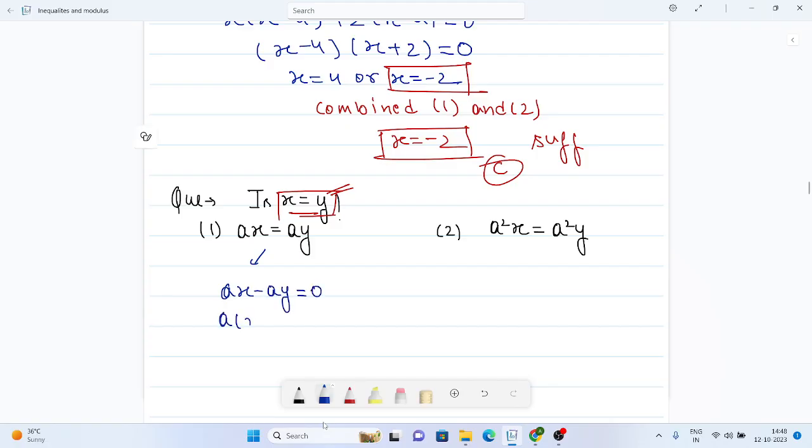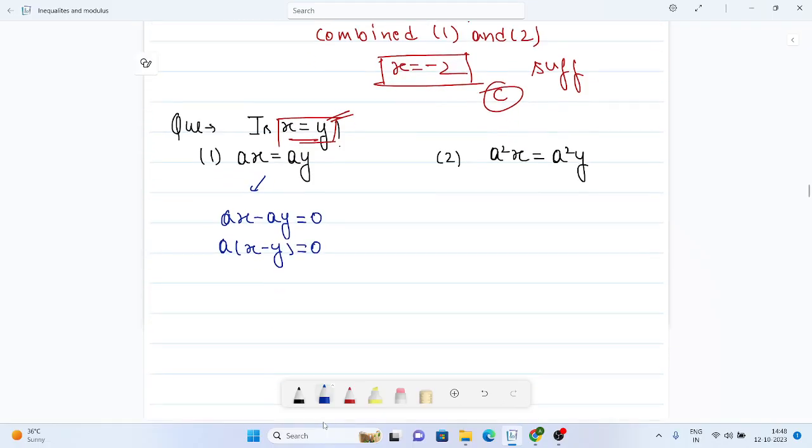If I take the first one, again I take the variable to one side, so I get a(x minus y) equal to 0. If a times (x minus y) is 0, what he means to say is either a is 0 or x minus y is 0. So either a is equal to 0 or x equals y. So here it is insufficient. Why is it insufficient?